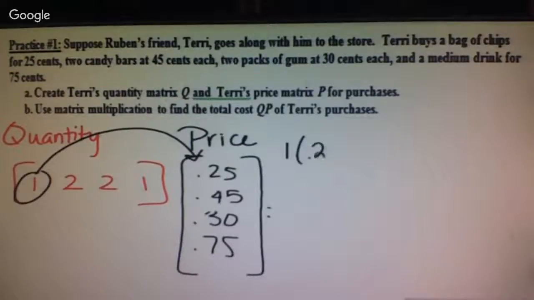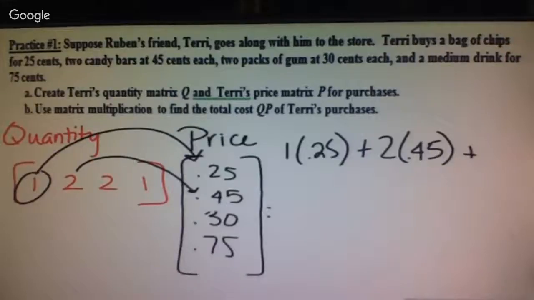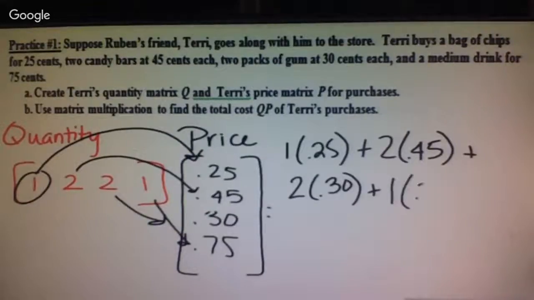So 1 times 0.25. The 2 for 45 cents. The 2 for 30 cents a piece. The 1 for 75 cents. And Devin already said he spends a whole whopping $2.50.